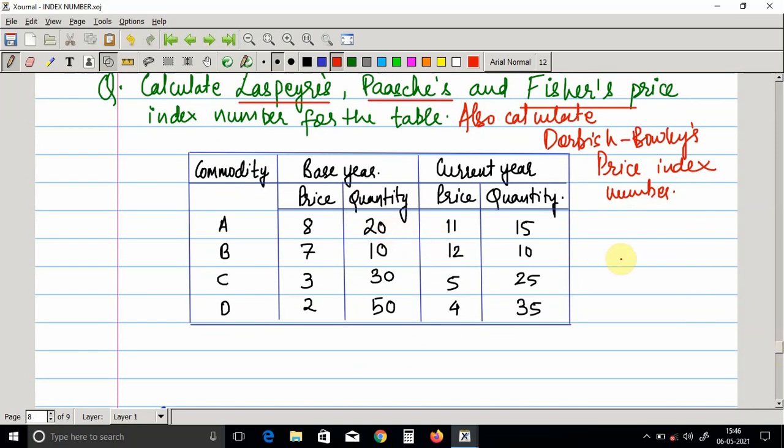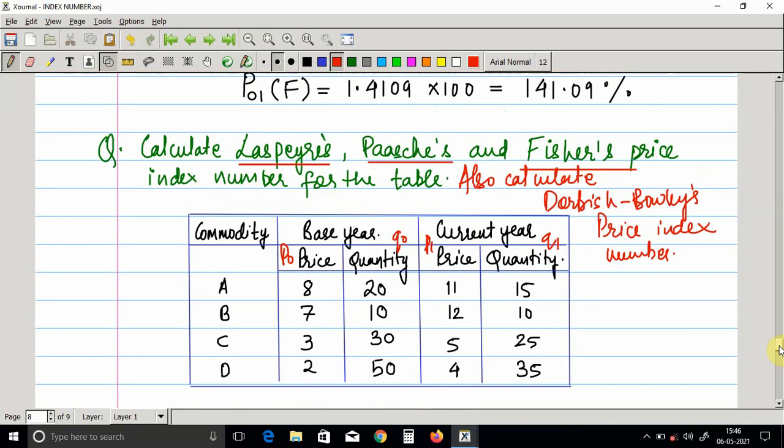So you can do the same type of calculations. This is P naught. If you want, you can write it as Q naught, or let it be Q naught. P1, Q1. Same type of calculations you have to do.